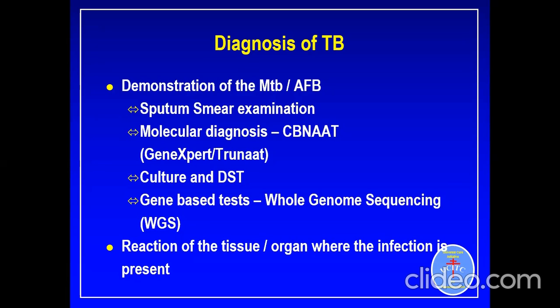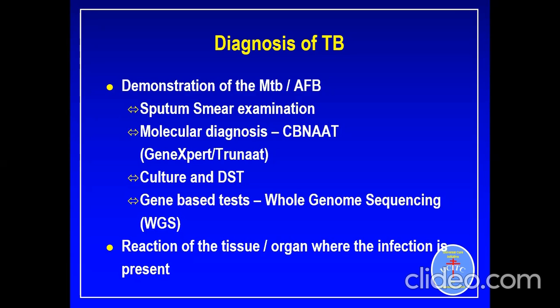Nowadays, we have the newer molecular diagnostic techniques, the cartridge-based nucleic acid amplification test, which is GeneXpert. Of course, these are trade names, GeneXpert and TrueNat, which give us a diagnosis of tuberculosis supposedly within 2 hours of the sample being acquired.